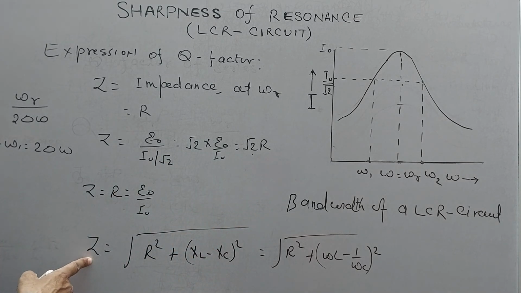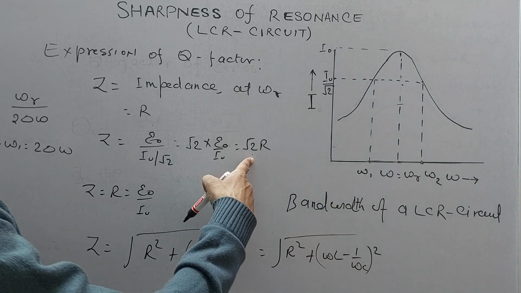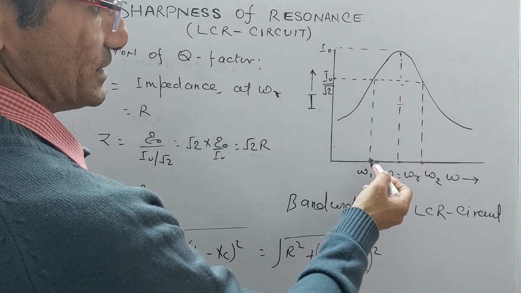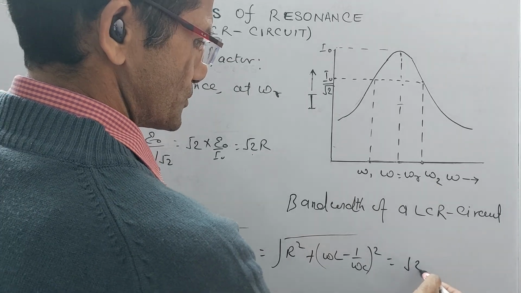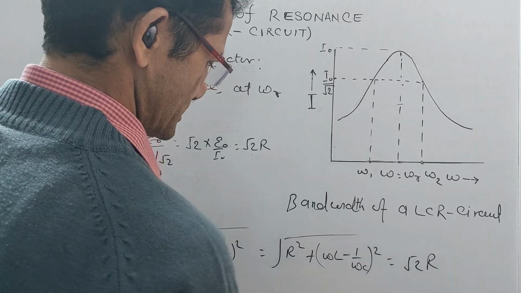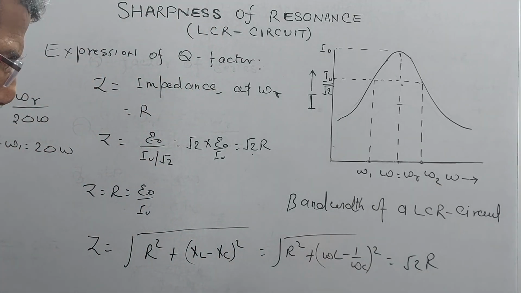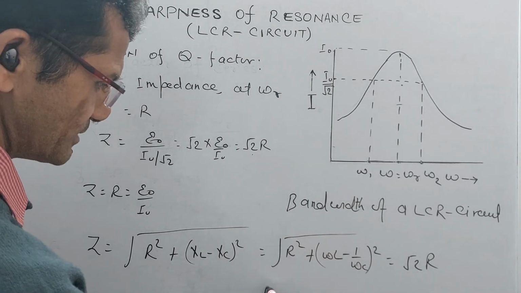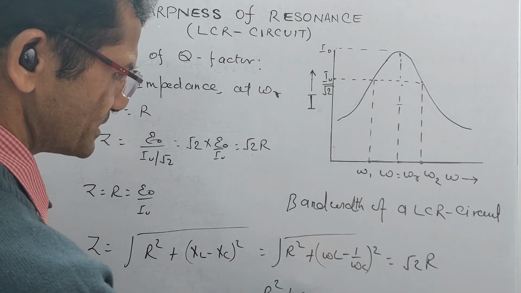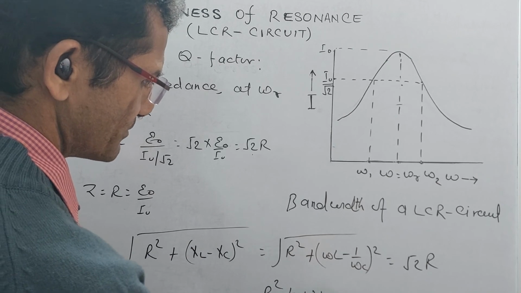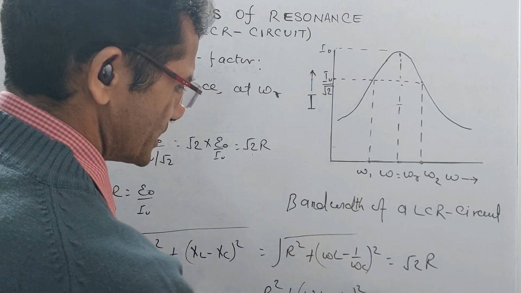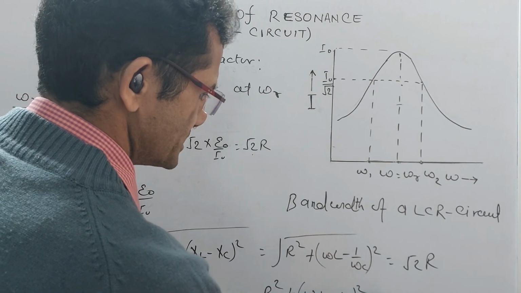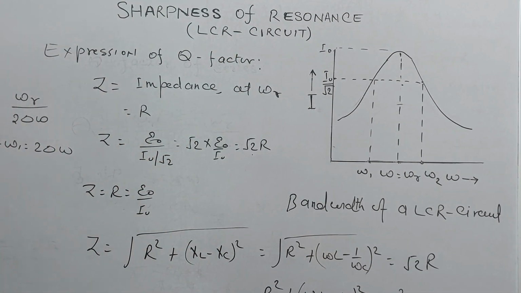If I put the value of Z, which is root 2 R, at the angular frequencies omega 1 and omega 2, it becomes root 2 into R. Squaring both sides, it will be R square plus omega L minus 1 upon omega C, whole square, is equal to twice R square.